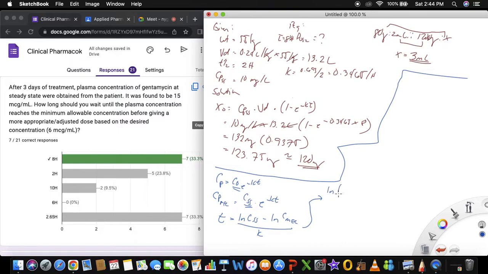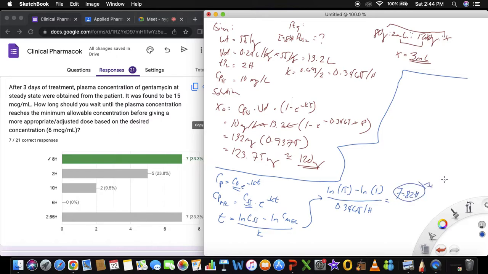So ln 15 minus ln 1. 1 dahil yun yung minimum allowable concentration. Tapos ang k natin would be 0.3465 per hour. Okay, so using our trusty calculator, ln 15 minus ln 1 divided by 0.3465, you get 7.82 hours pala.